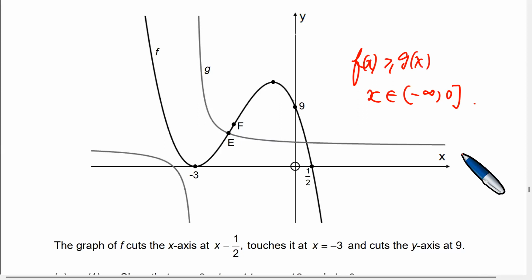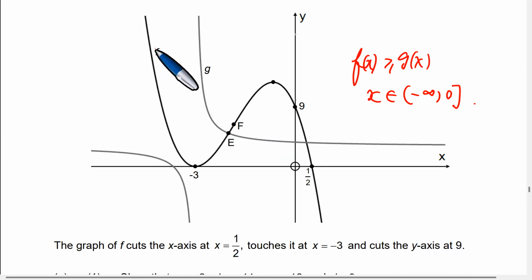So let's analyze this question. The graph of f cuts the x-axis at 1/2. Here is the graph of f. It touches it at x equal to -3 and cuts the y-axis at 9. But when is f above g?